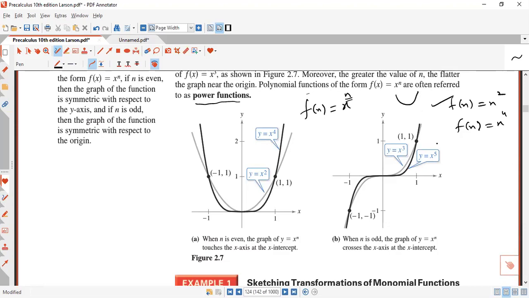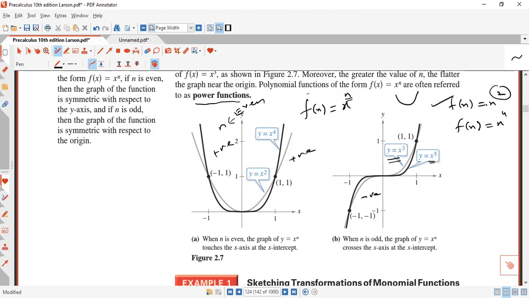But when you compare with an odd power, for example y equal to x cubed, you will come to know that we have positive values in the range as well as negative values. But here you will always get positive for n even. Clear? So if n is even, this will always give you positive.